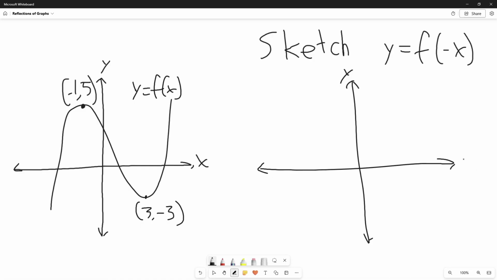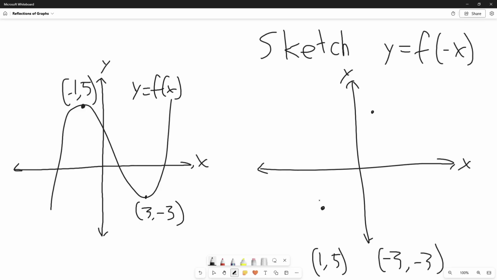So we can label our points: (-1, 5) turning into (1, 5), and (3, -3) turns into (-3, -3). So there's going to be a point right here and right here, approximately.